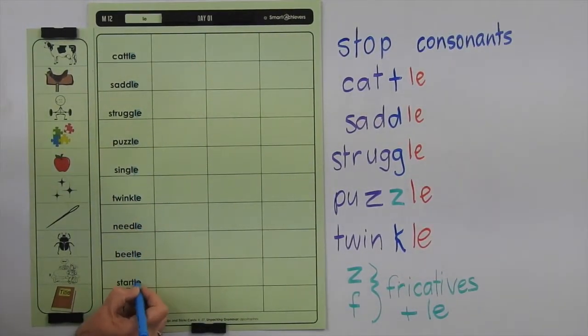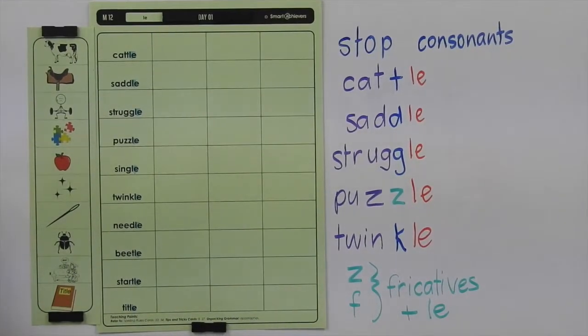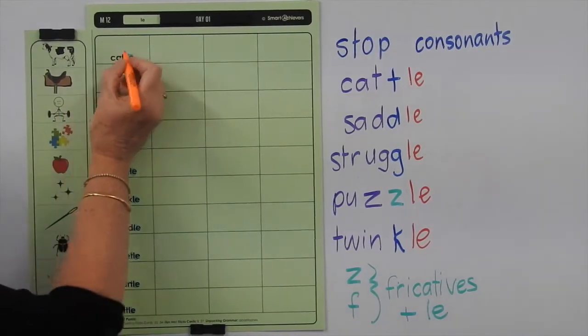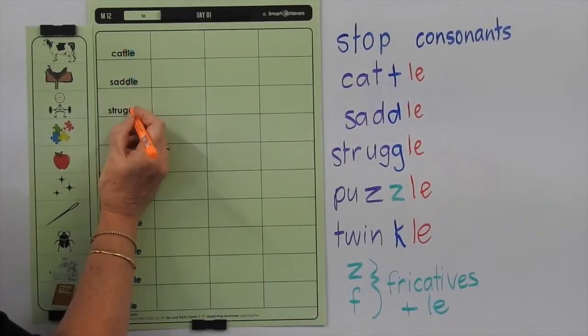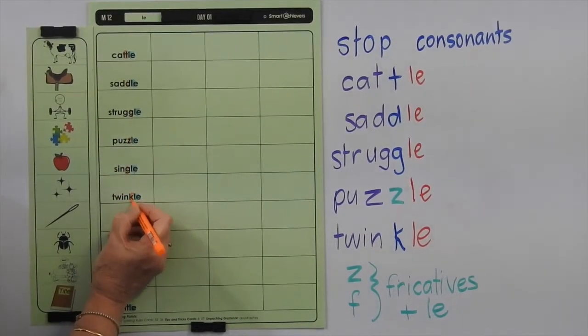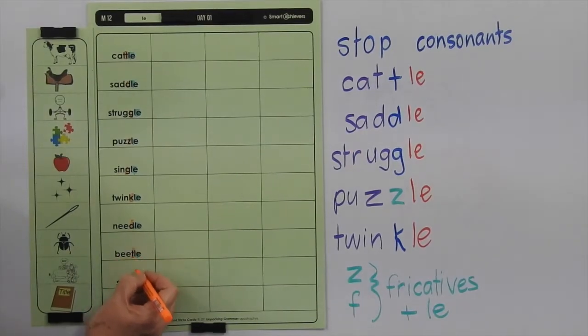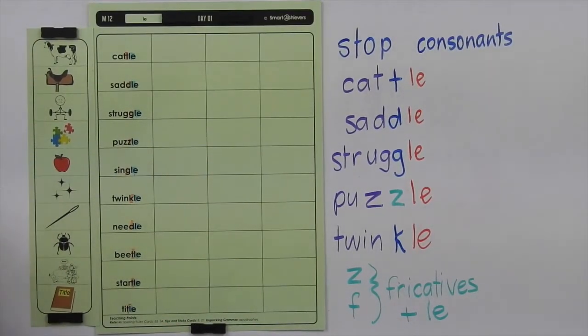We will go back and colour those as well. So get a different colour for that letter before the LE. So we've got T, D, G, Z, G, K, D, T, T, and a T there too.